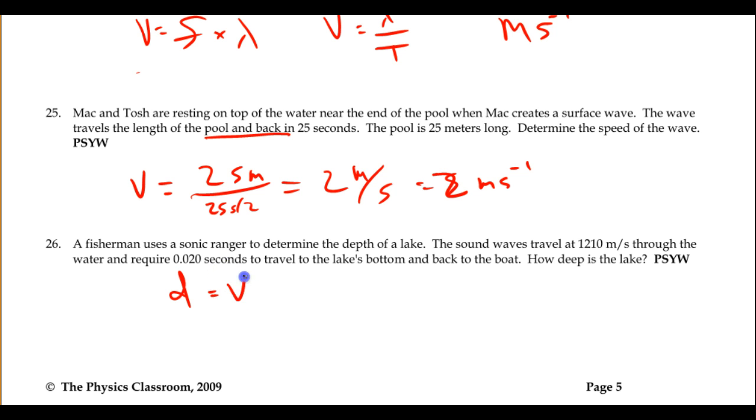And distance is going to be speed times time, the time it took to get there. So that's 1,210 meters per second times, now again, it's 0.02 seconds to go to the lake bottom and back. So I'm going to want to divide the 1,210 not by 0.02, but by 1/2 of 0.02, which is 0.01.